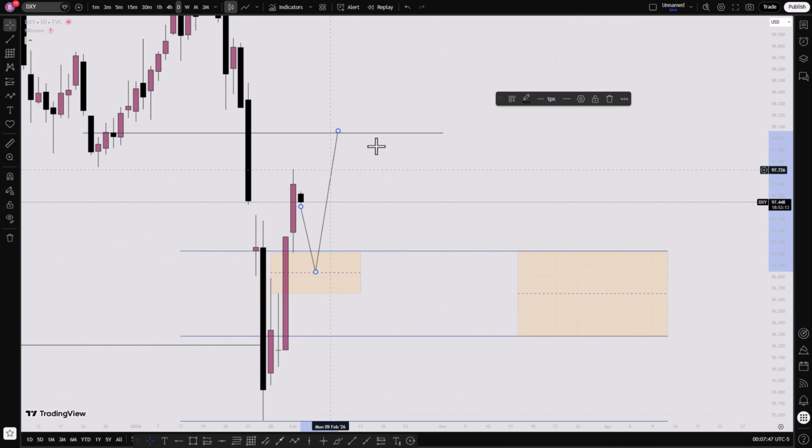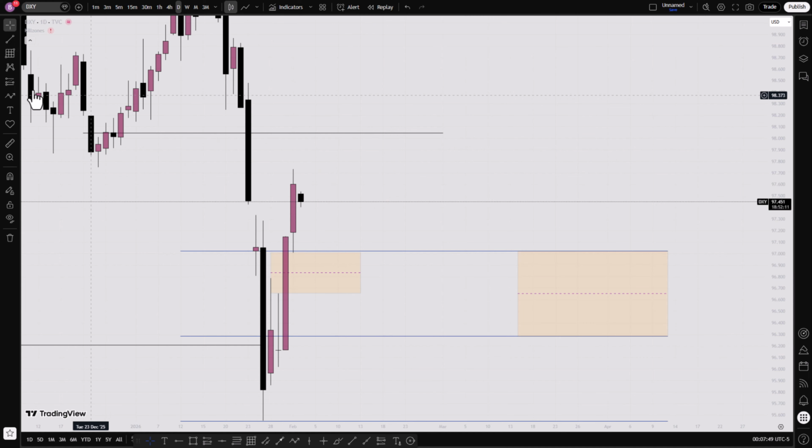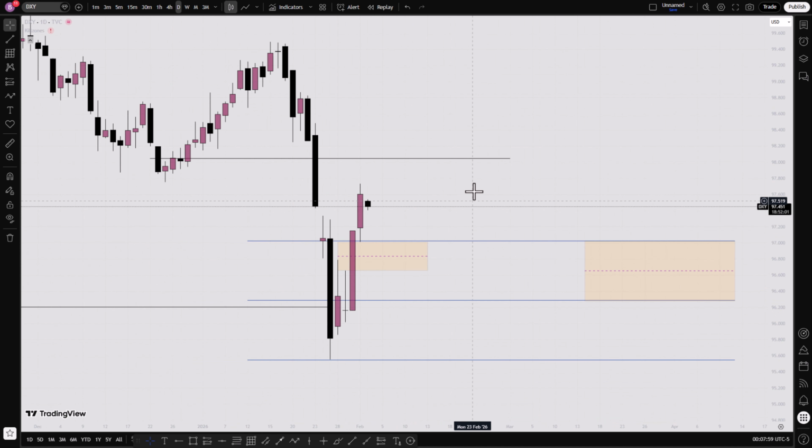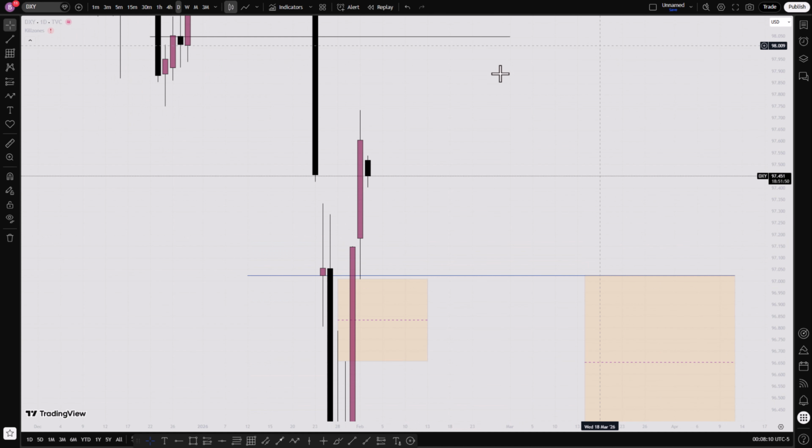At the same time, price can decide to take out this high before coming to this low before going bullish. That is why we have to be very careful this week and wait for more confirmation before we act in the market.